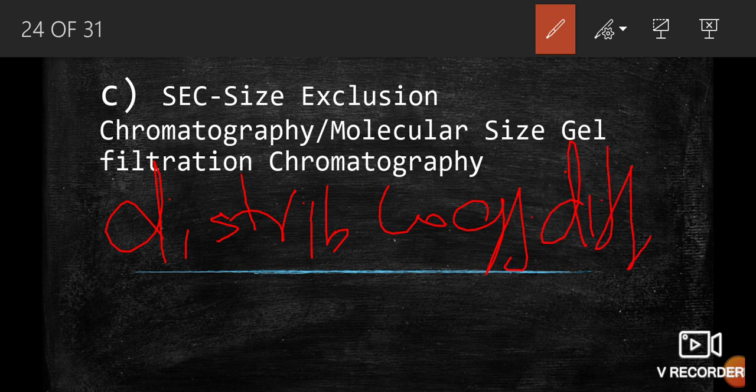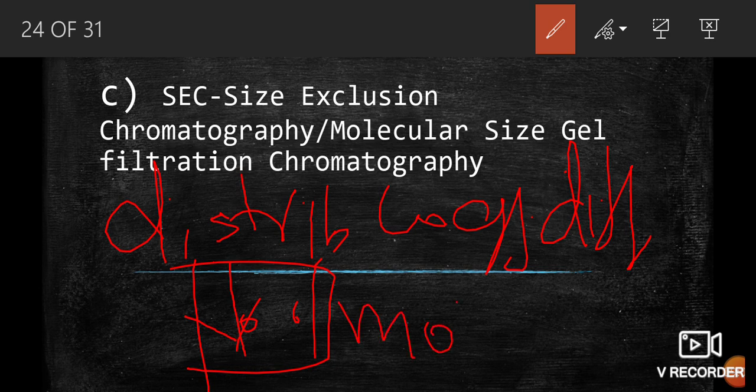What happens here is that the macromolecules which are smaller in size than the pores get entrapped in the pores and move very slowly, whereas the bigger ones travel through and elute faster. Thus, based on the relative molecular weight, the separation of the macromolecules takes place in this type.